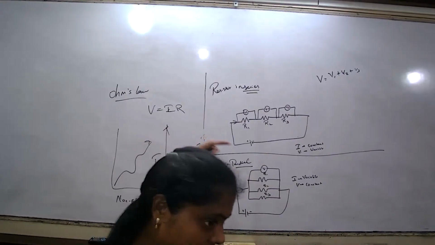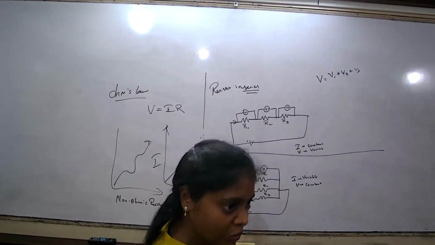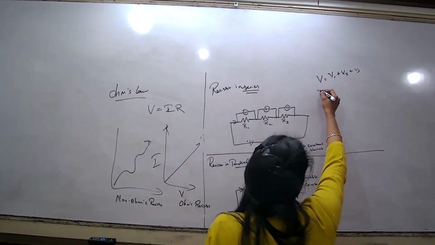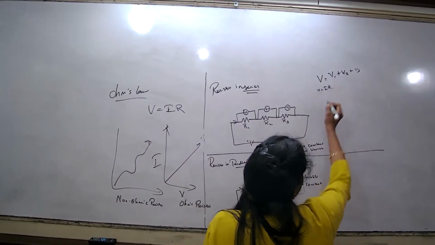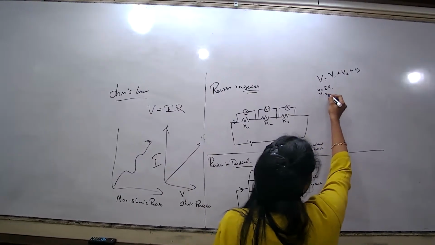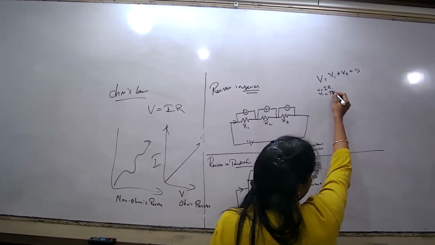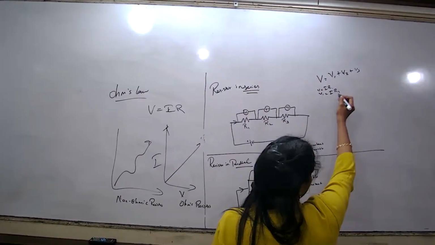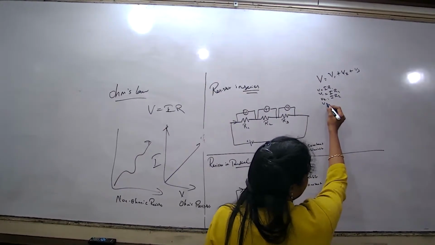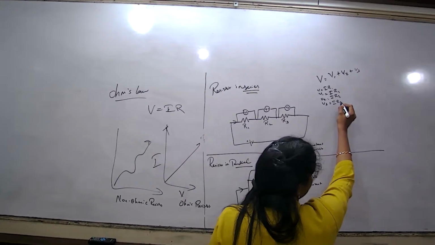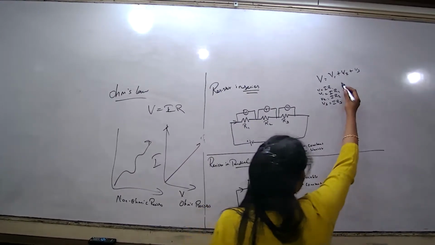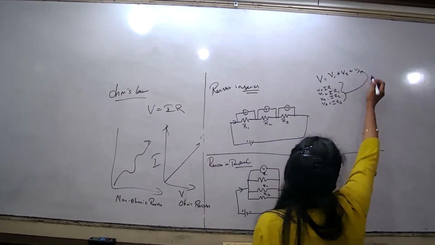Now Ohm's law comes in. I told you Ohm's law is about the resistor, isn't it? So V equals IR. We can find it for this now. So V1 is what? I is constant, so I R1. V2 is I R2. V3 is I R3. I am substituting these in this formula.